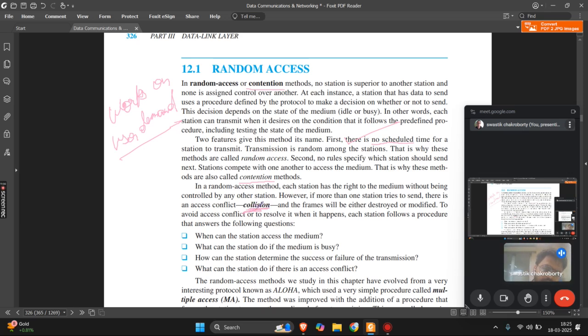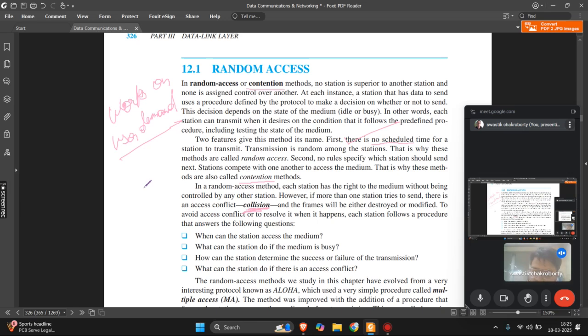Collision means that since there is nothing controlling the users, two devices randomly decide that they will transmit data and they do it at the same time. Since the medium is not channelized, the medium can only handle one packet at a time. So if two users try to send two packets, there will be a collision.